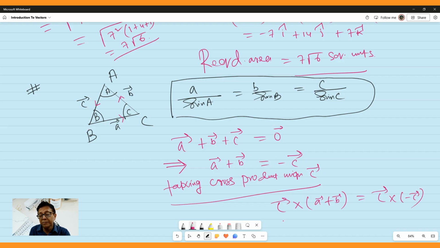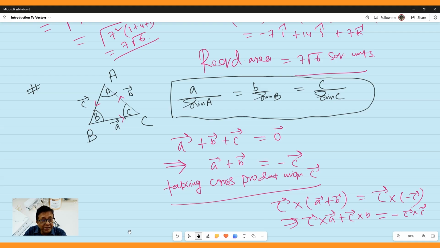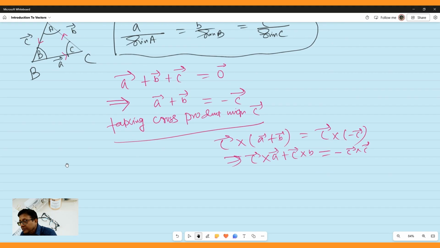C cross minus C. Minus, if you take common, it is coming C cross C. What is the result of C cross C? Equal vectors, their cross product must vanish. So the right hand side is 0. Isn't it? Right hand side is equal to 0.